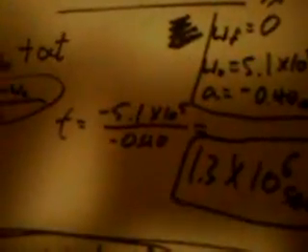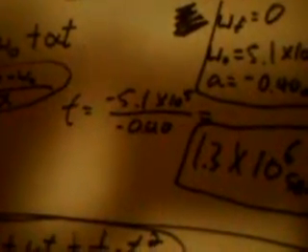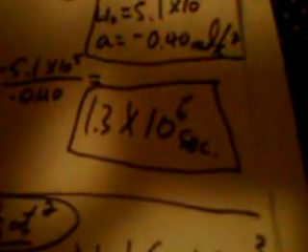It's 0 minus 5.1 times 10 to the 5th, divided by negative 0.40, and the final answer is 1.3 times 10 to the 6th seconds.